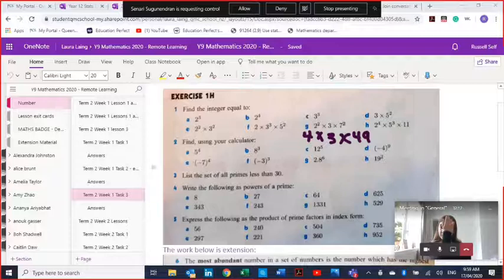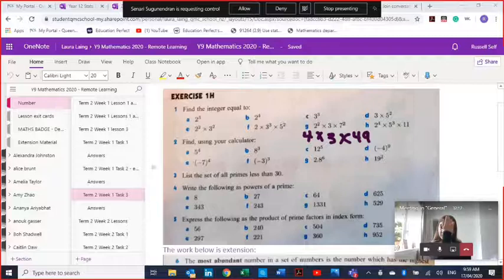And then here, express the following as a product of prime factors in index form. Remember, index is just another word for an exponent or power. Index, exponent, power. So, prime factors, that's using either the factor tree, if you stay focused and organized, or the other method, the upside down division symbol.